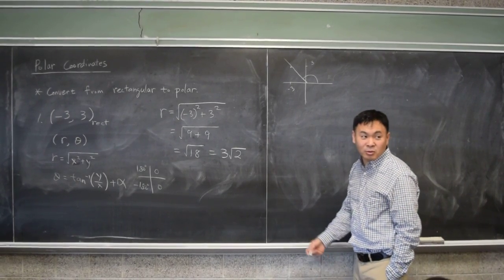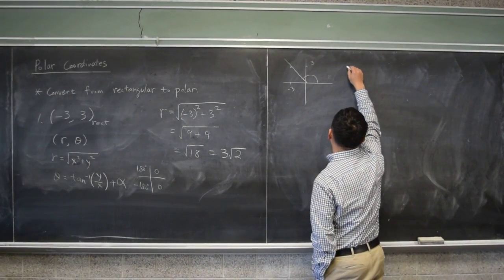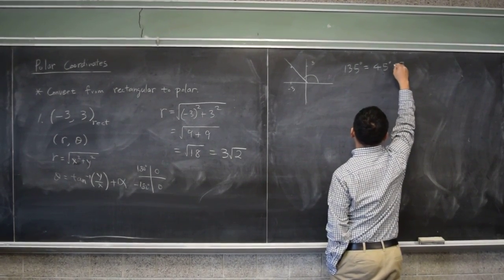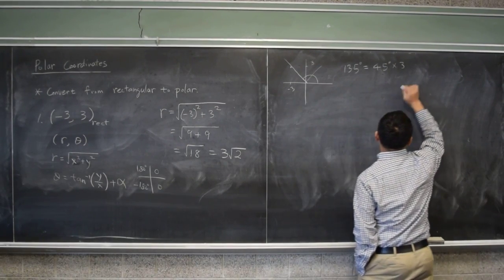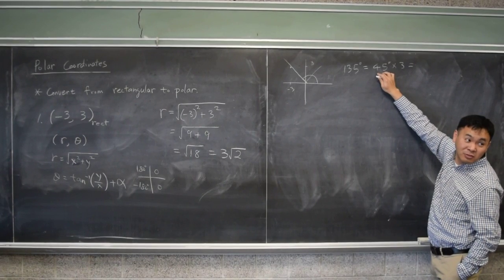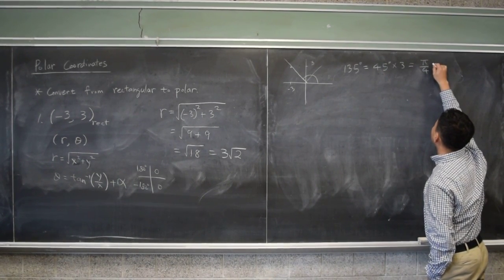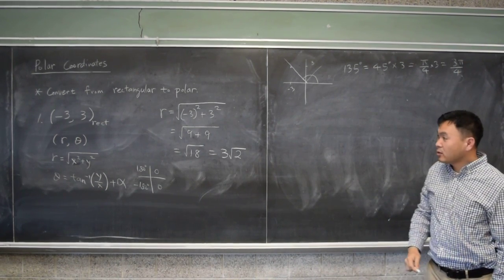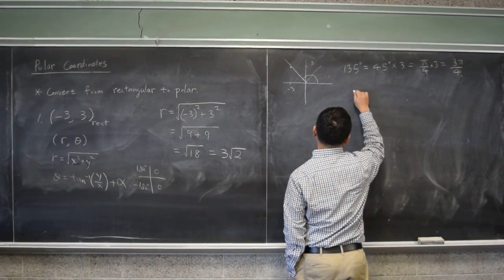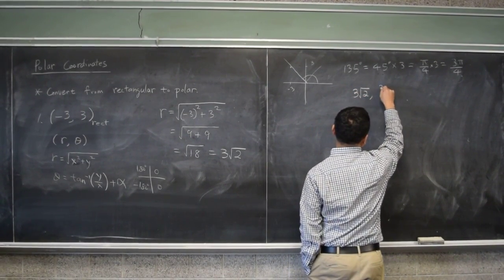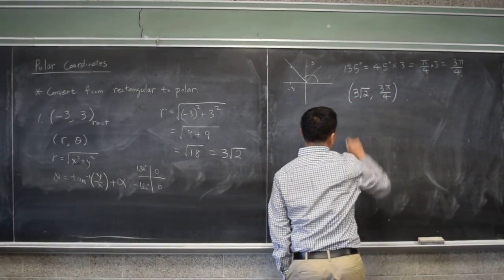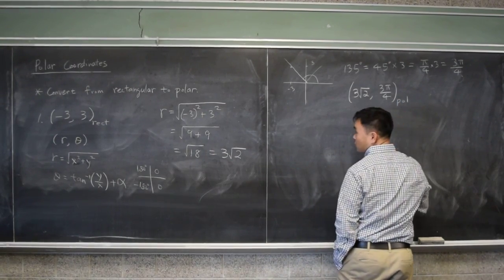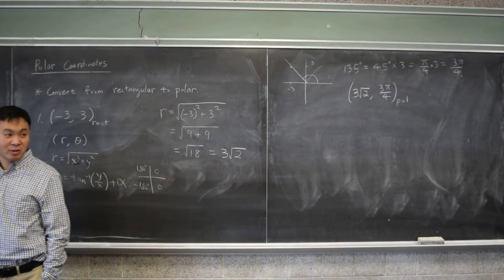In terms of radians, what would that be? 135 degrees is 45 degrees, 3 of them, right? Because you have 1, 2, 3. And 45 is a fourth of the 180, right? So it's pi over 4 times 3, which is 3 pi over 4. So the answer for this is 3 radical 2, 3 pi over 4. And you might say polar just to distinguish that it's not the rectangular one we're talking about. Okay?